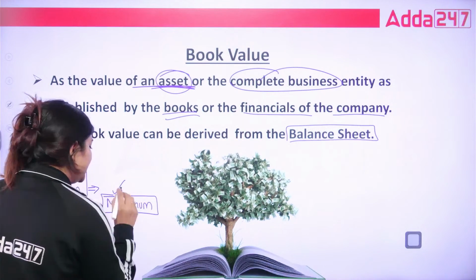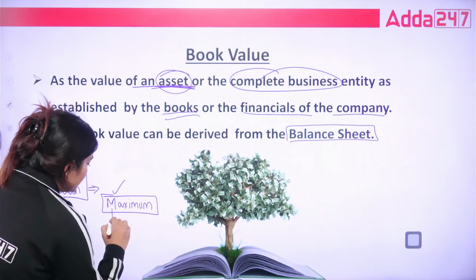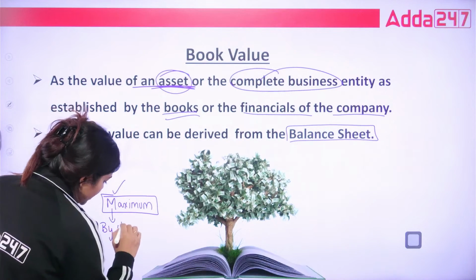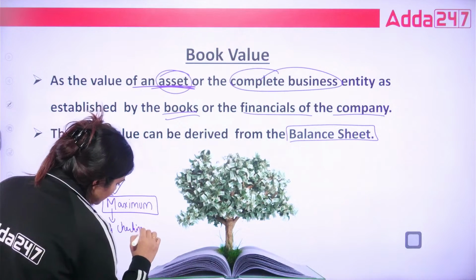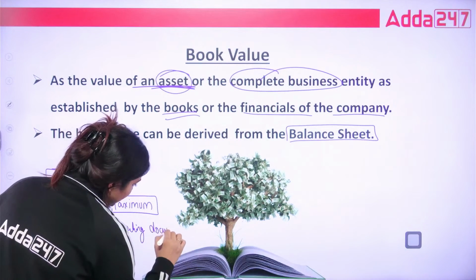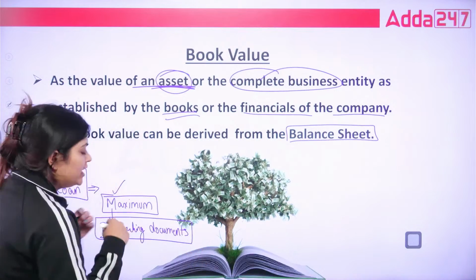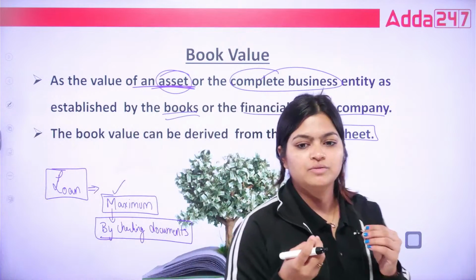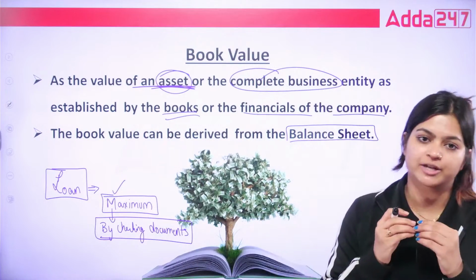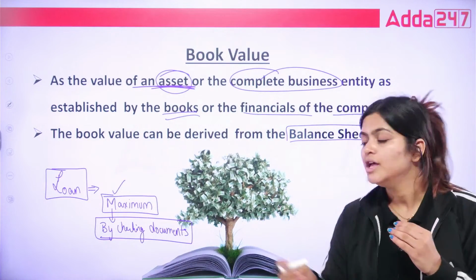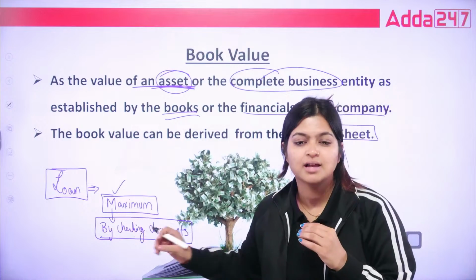And how are you deciding the maximum amount? By checking documents. As per the documents, you are going to issue the maximum amount. What is the maximum loan you can sanction? So how are you doing this? With the help of some documents, some books.